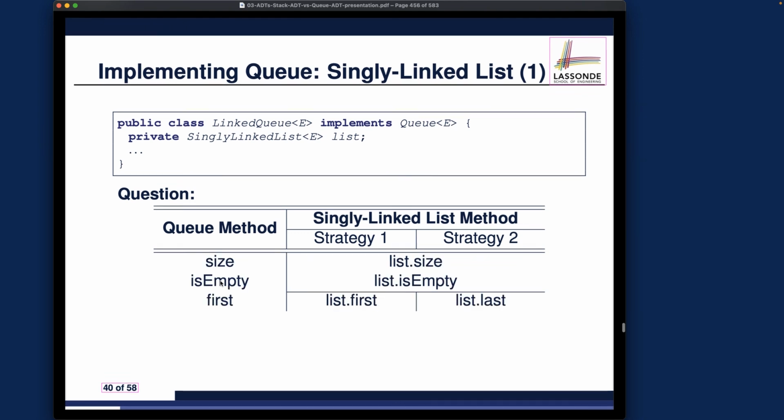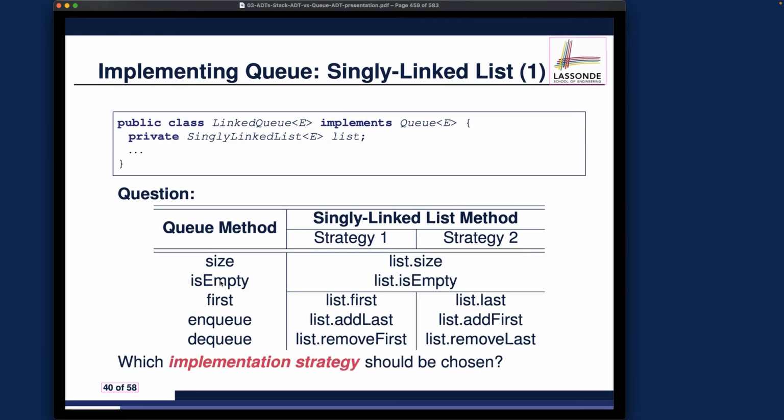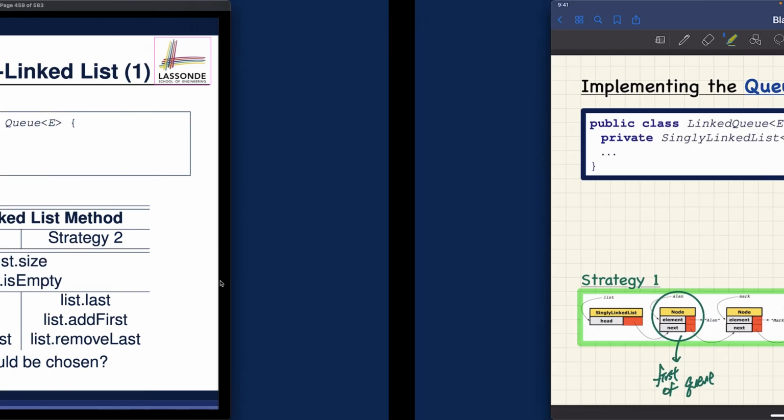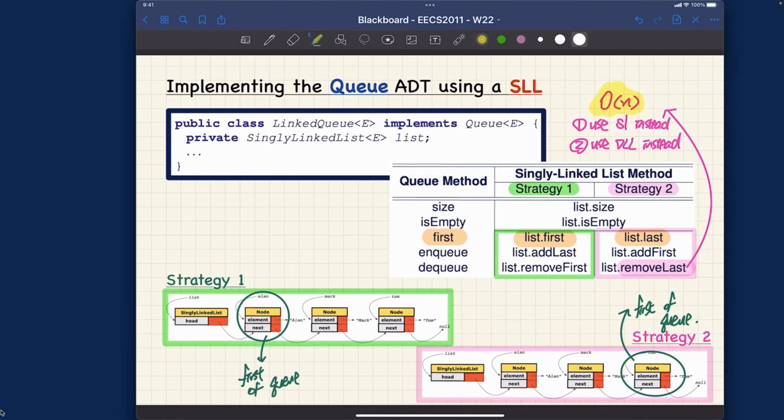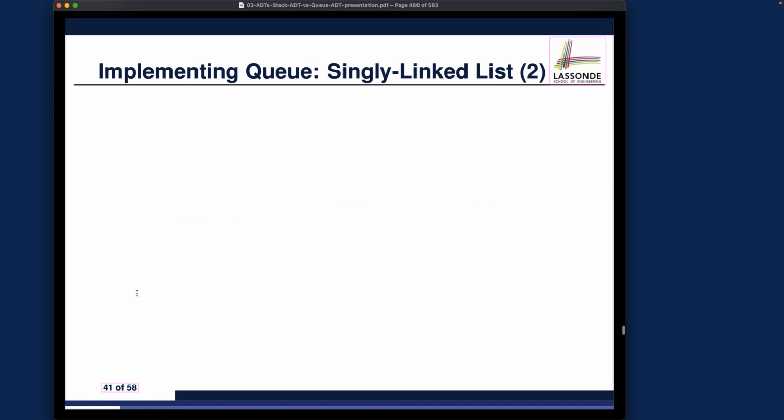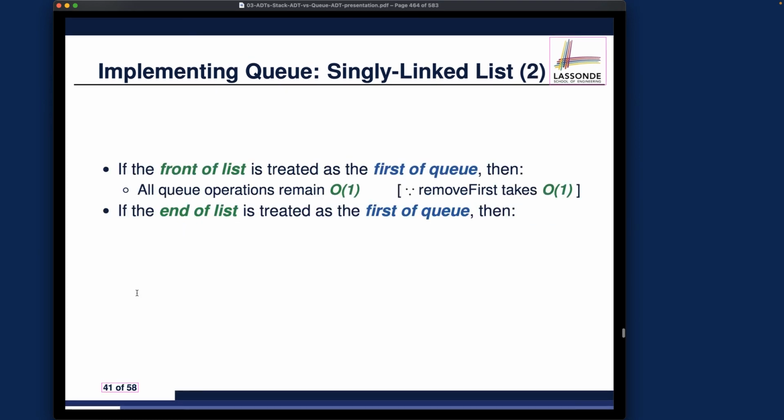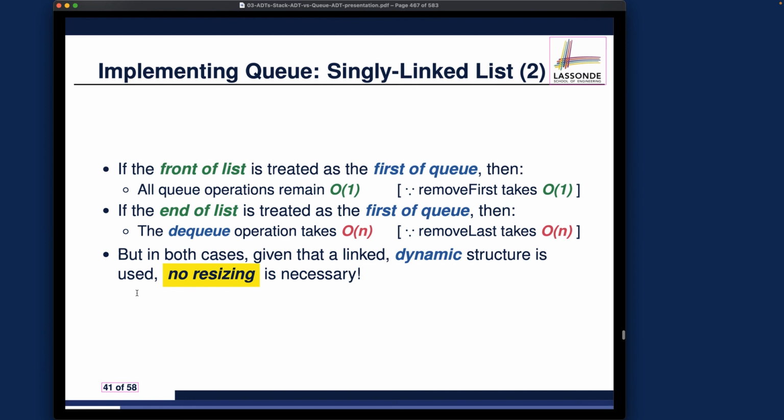And let's see, that's the table we just spoke about. And which strategy should we choose? Well, that should be strategy number 1, because that will definitely guarantee we don't really have to use remove last for the singly linked list, unless you adopt either this or this improvement. And here is simply a summary about the two strategies.